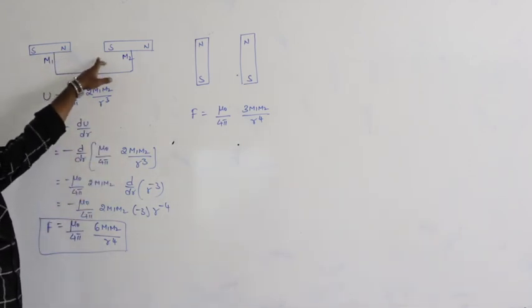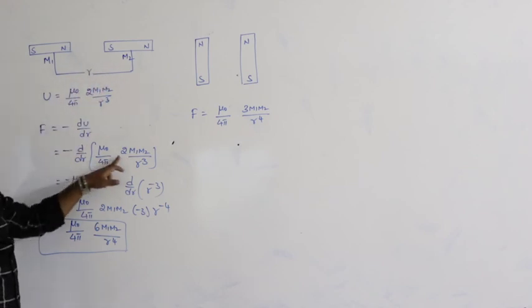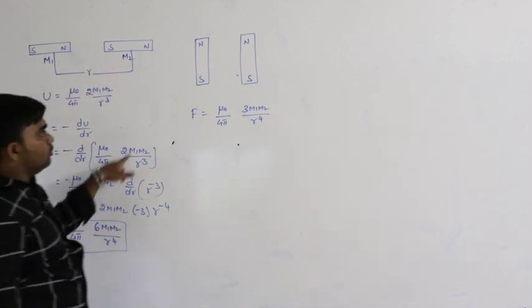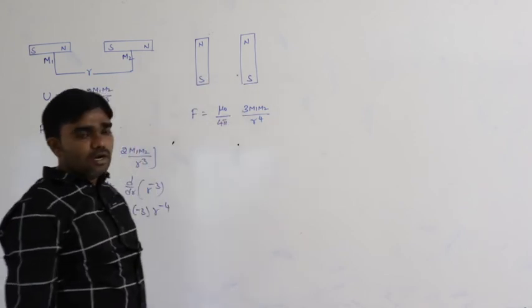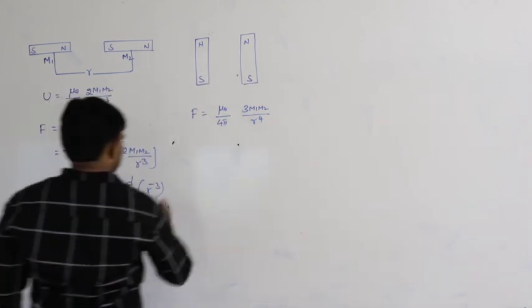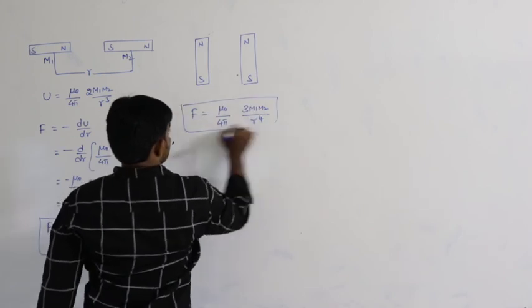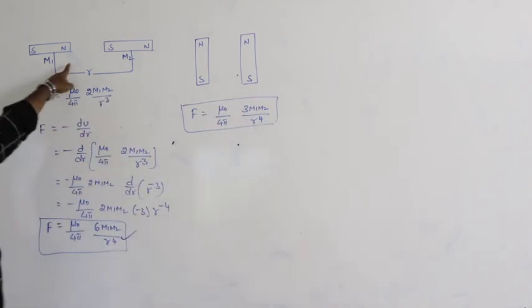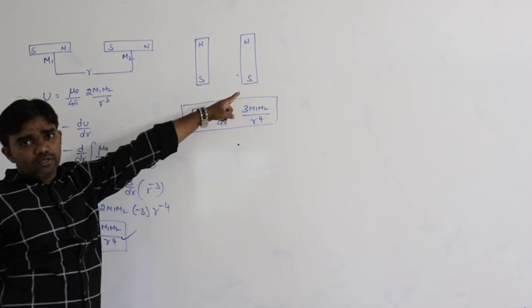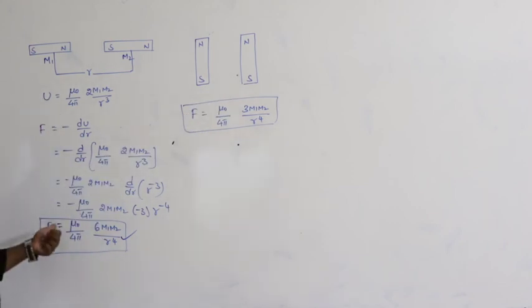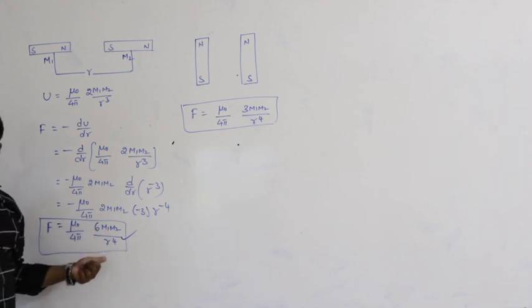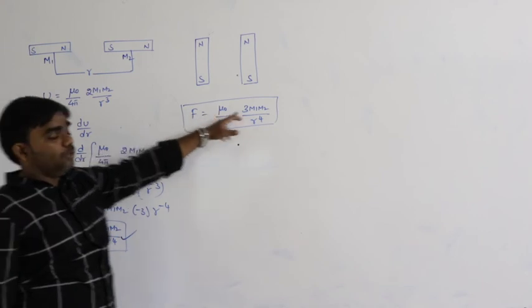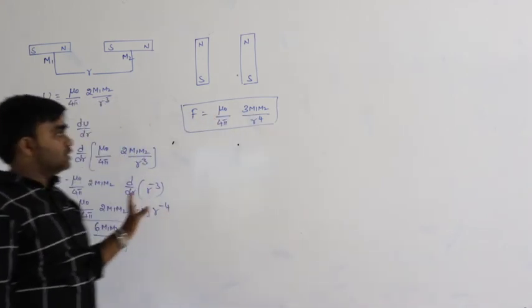Because when the two magnets are in the axial position, it is 2 m1 m2 by r cube, and in the equatorial position, it is 3 m1 m2 by r power 4. So this is the force between the magnets in the axial and equatorial positions. In electrostatics also, the force between two dipoles is 6 p1 p2 by r power 4 or 3 p1 p2 by r power 4. So that is the situation here.